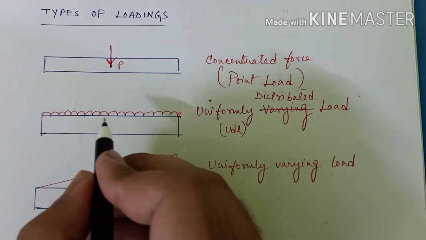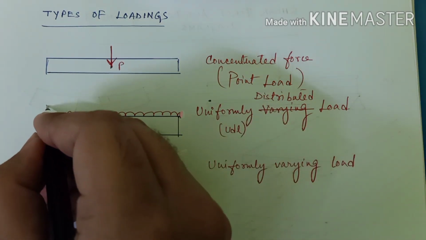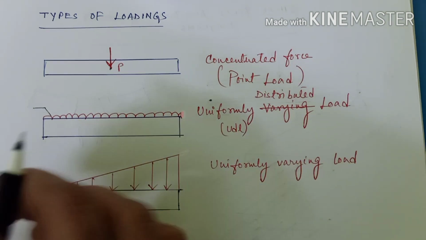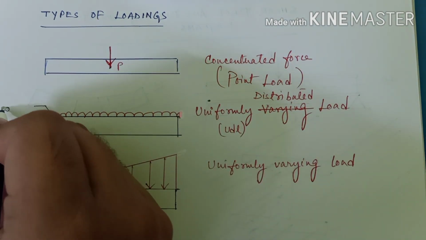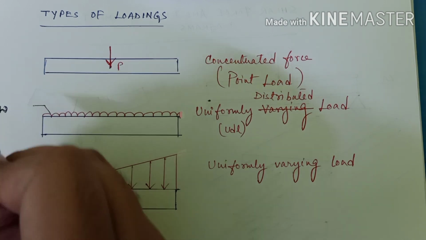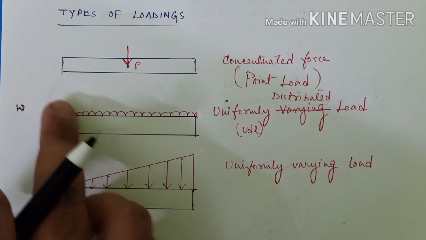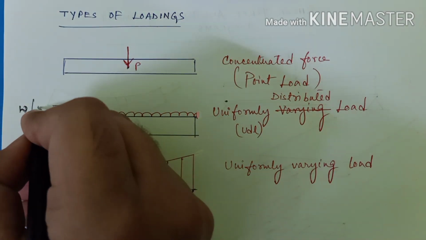So let us say the force acting in each unit of the beam is W. So basically, in each unit W force will be acting, so we can write W per meter.